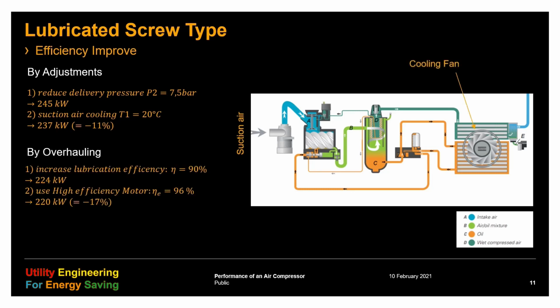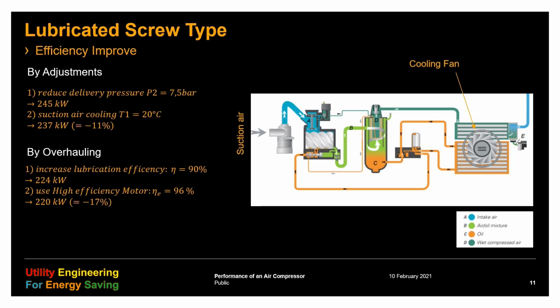To go further, we need to increase the lubrication efficiency, for example by adopting a different oil with less friction losses or a high efficient fan. Again, a high efficient motor can bring a further effort. Save altogether about 17%, and then we need to run a case study to see if the investment is worthy or not.